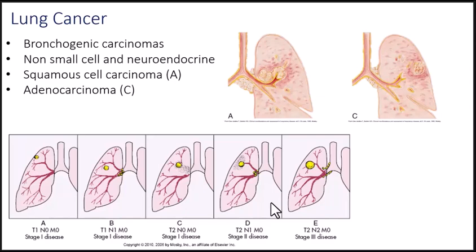Now, although there are many types of lung cancer, they are divided into two major categories: non-small cell lung cancer and neuroendocrine. And this is based on cell histology.